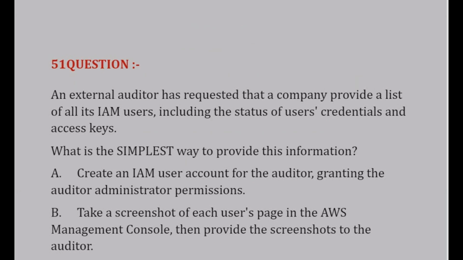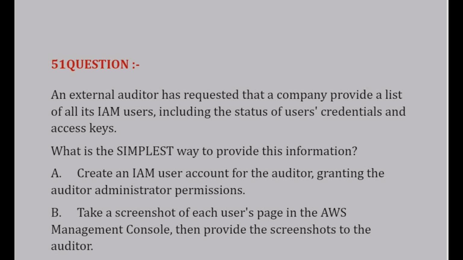Question is an external auditor has requested that a company provide a list of all its IAM users, including the status of users' credentials and access keys. What is the simplest way to provide this information? Option A create an IAM user for the auditor, granting the auditor administrator permissions.